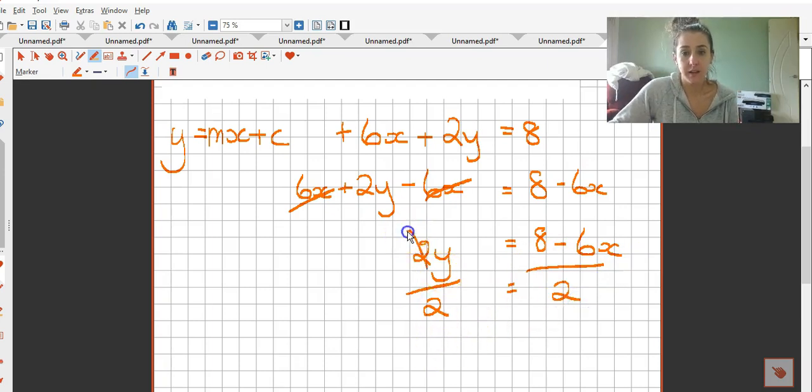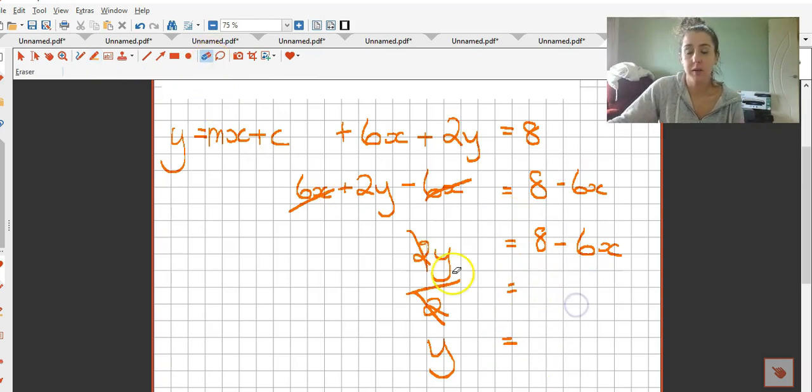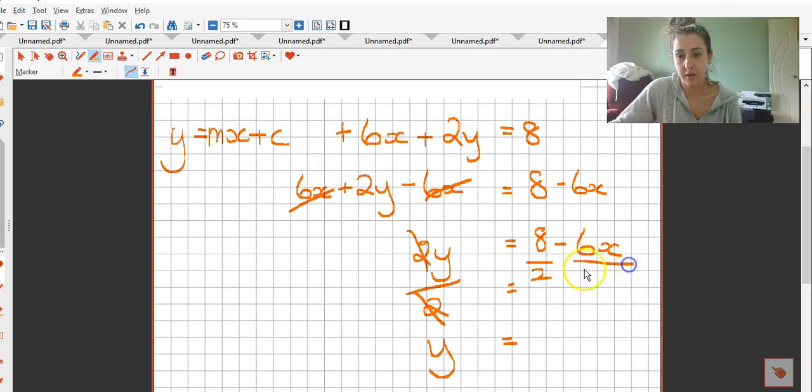So this cancels out on this side, so I get y is equal to, now I go 8 divided by 2, because each part of this expression on this side needs to be divided by 2. So 8 divided by 2 will give us 4, and then negative 6x divided by 2 will give us negative 3x. Okay, so that's it.